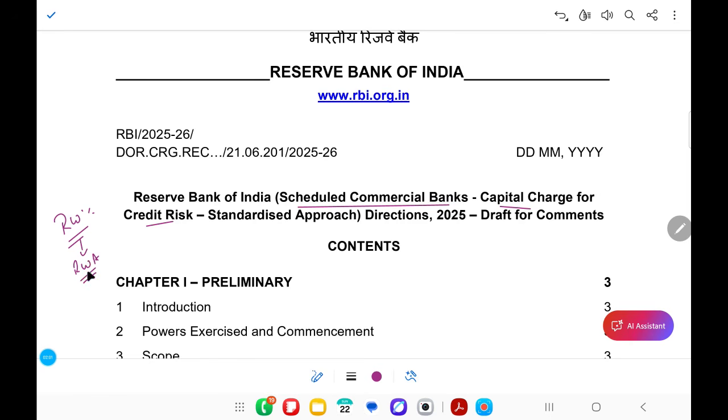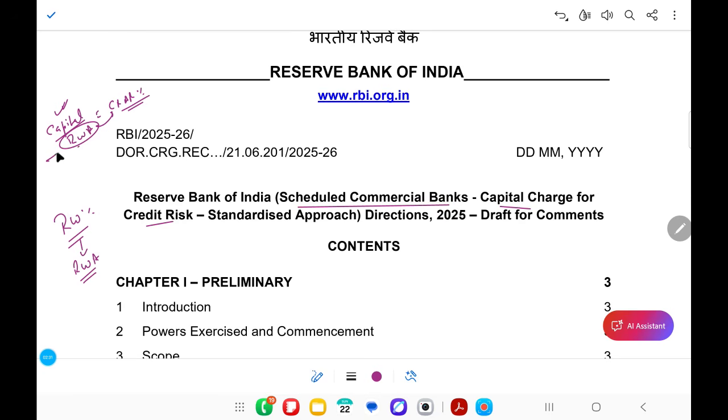When you get risk weight assets, you can easily compute the capital, because capital equals your CRAR percentage, which in India is 11.5%. You can easily multiply this and calculate the required capital under the standardized approach. So this is the basic theme of this circular.